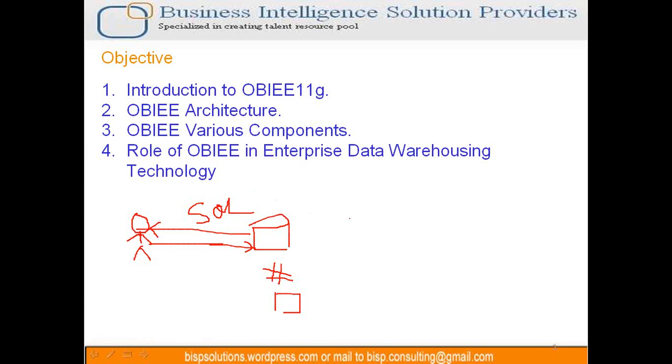So we put an intermediate layer in between. Conventional BI, conventional business intelligence tools, and OBIEE is also conventional, put a presentation layer. We call this presentation. Basically, this presentation layer consists of multiple components, but I would make it simple: presentation.